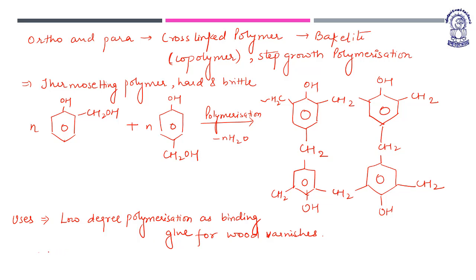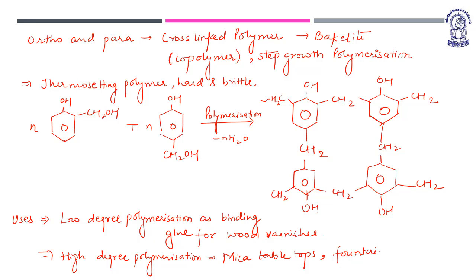If high degree of polymerization, it is used to make mica plates, mica tabletops, fountain pen barrels, electrical switches and plugs, etc. So this is the formation of bakelite.